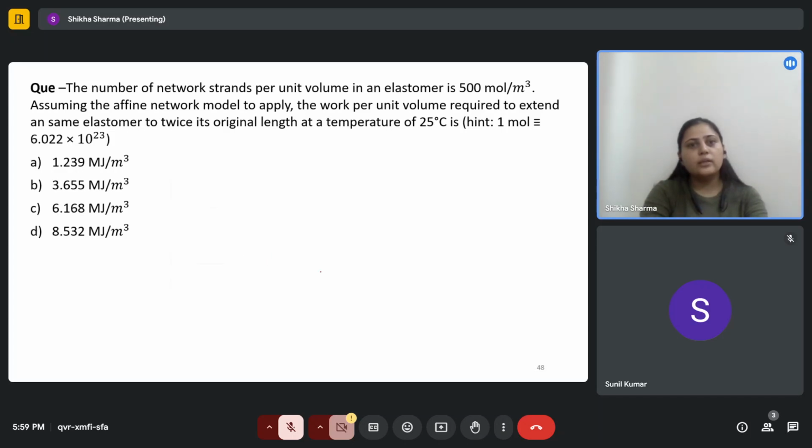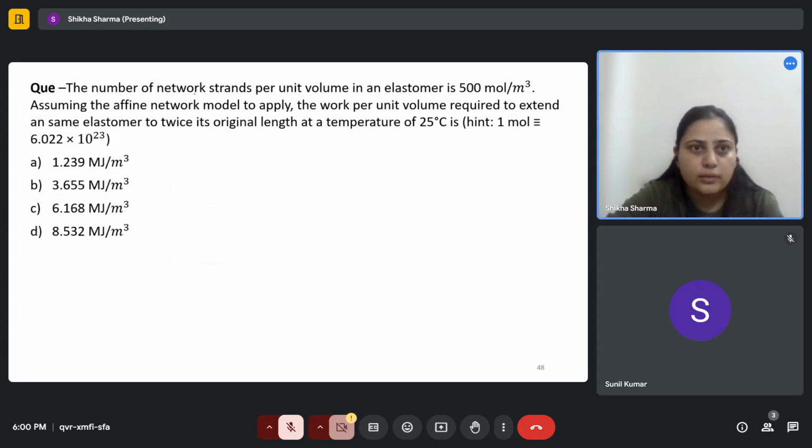Assuming the affine network model to apply, the work per unit volume required to extend the same elastomer to twice its original length at a temperature of 25 degrees Celsius is: A, 1.239 megajoule per meter cube; B, 3.655; C, 6.168; or D, 8.532 megajoule per meter cube.